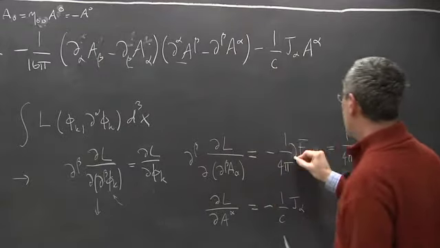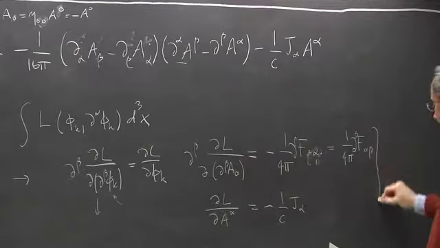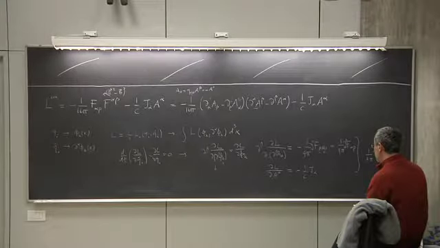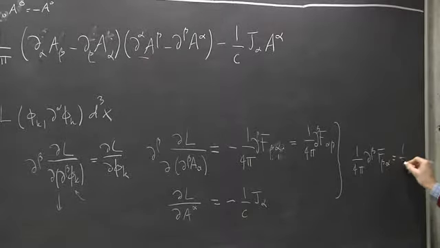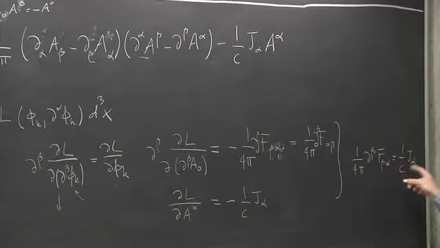When you pull these two together, you get 1 over 4 pi d beta F beta alpha equals 1 over c j alpha. If you take the 4 pi to the other side, this is exactly the first set of Maxwell equations.